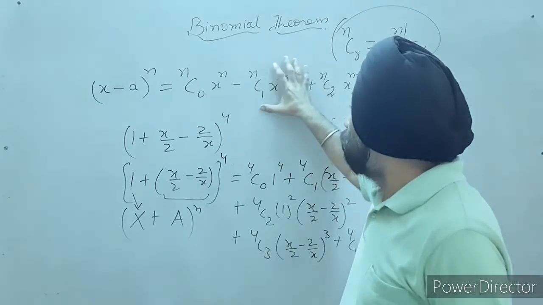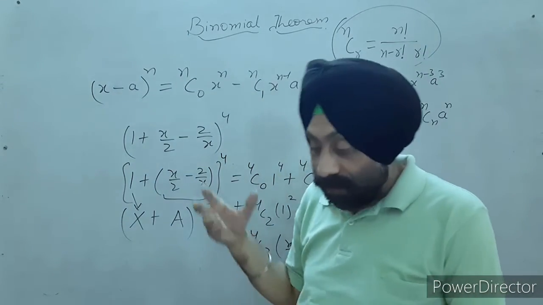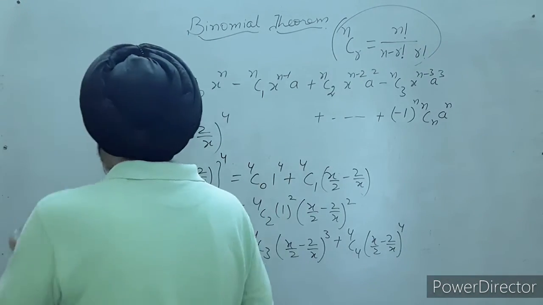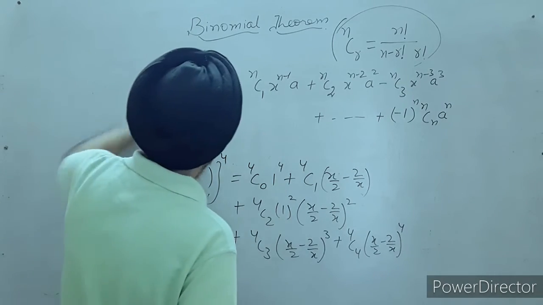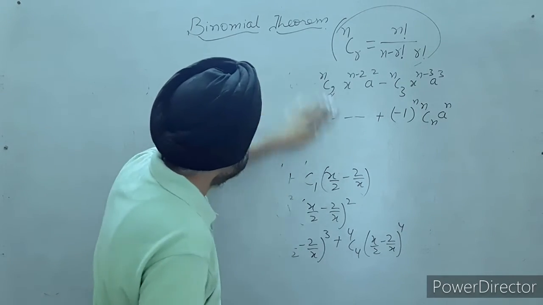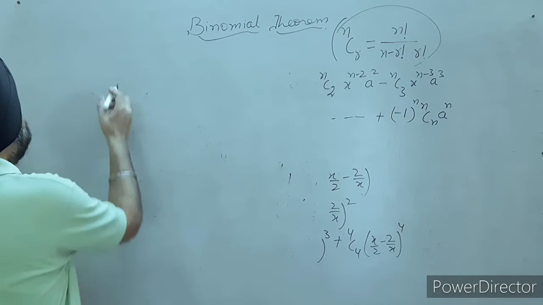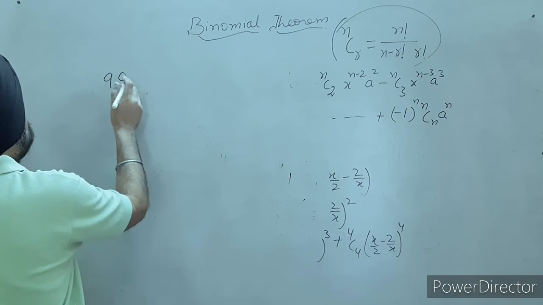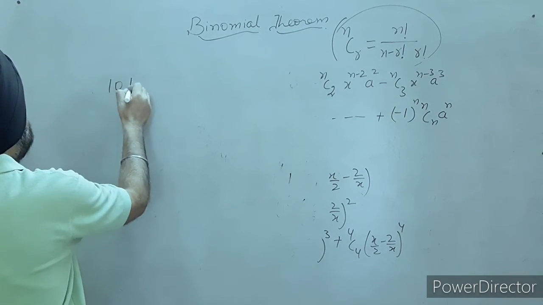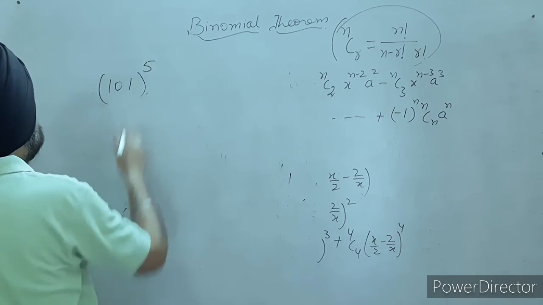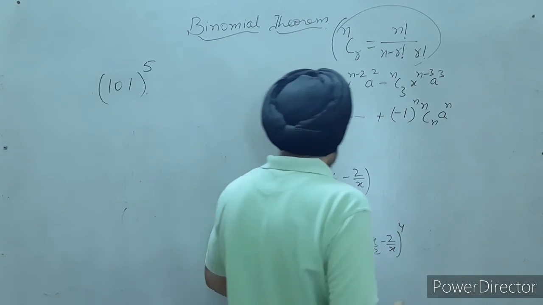Okay? Now we will do one more question on this. Now we can calculate, say, 101 raised to power 5 using binomial expansion.